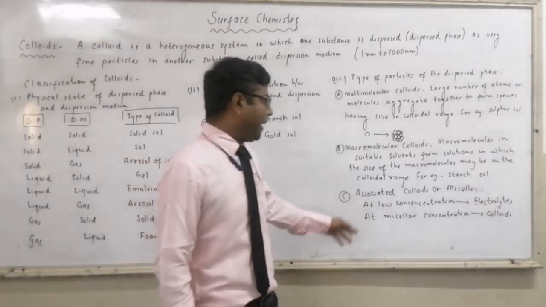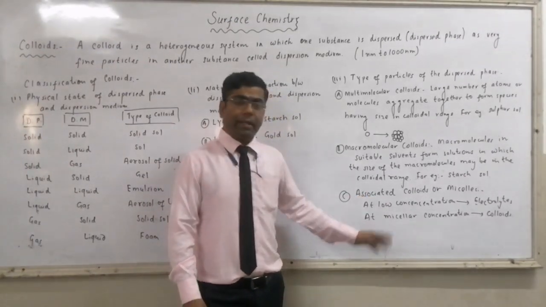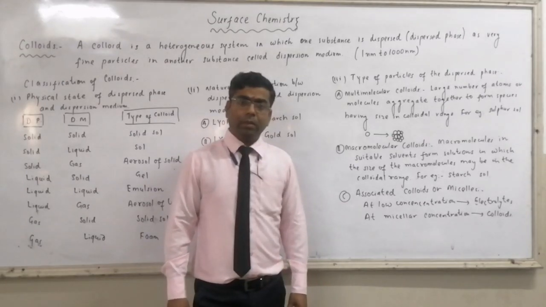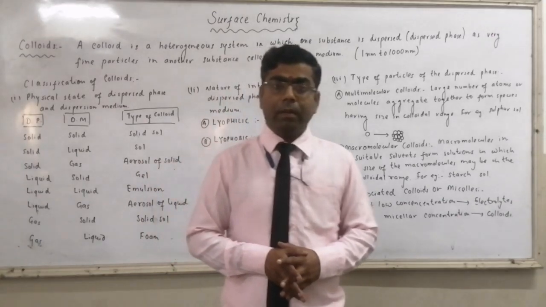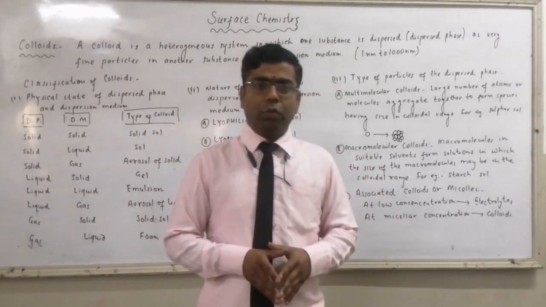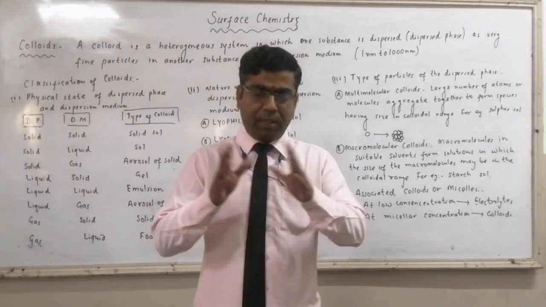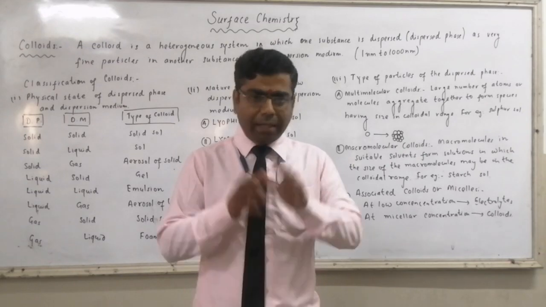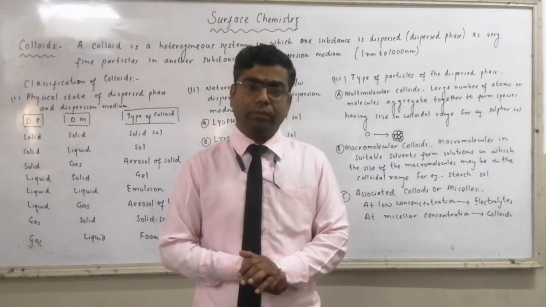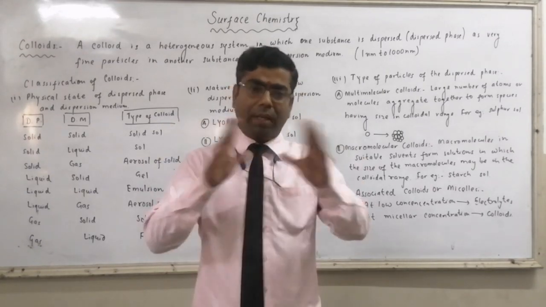Then the last one, that is associated colloids or micelles. The important part here: there are a few substances which, when added to a suitable medium or dispersion medium, act like electrolytes and form a true solution at low concentration.